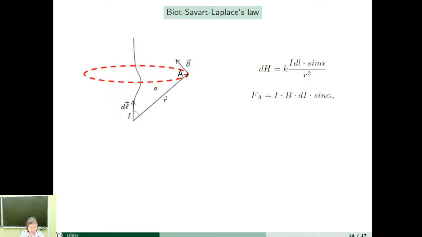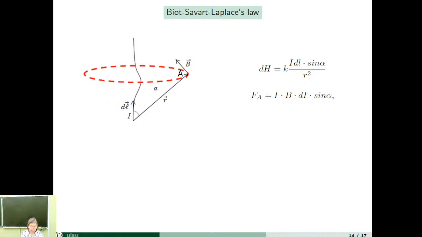The force action of a magnetic field on a conductor with current may be defined in accordance with Ampere's law. Look at this expression, where alpha is the angle created by vector dl and B. It's this dl and B.